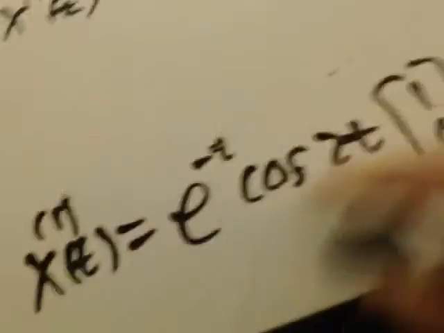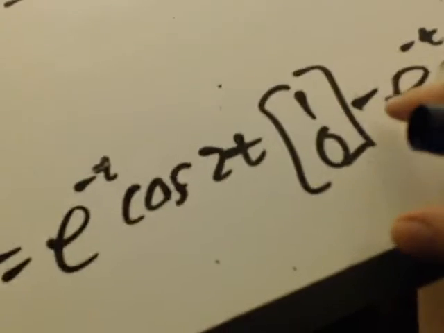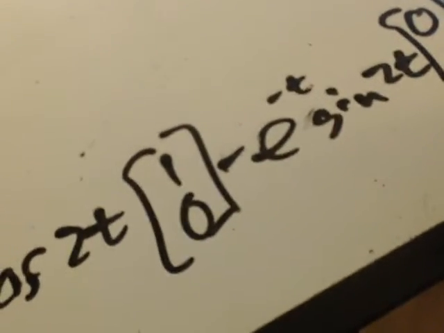So if I really want to write this in vector form, I can do so. I'll show you that really quick. And we'll do x1 of t. Well, if you think about it, it's this times this, so I'd have this on top, minus this times this. So I'd have this on the bottom.